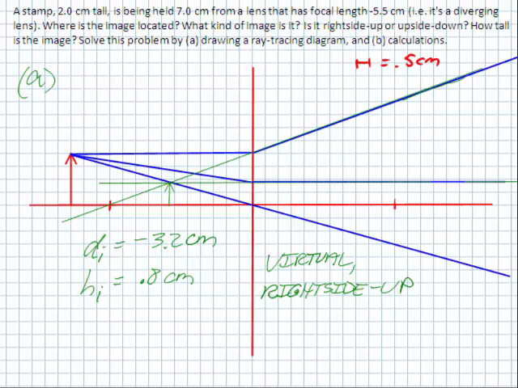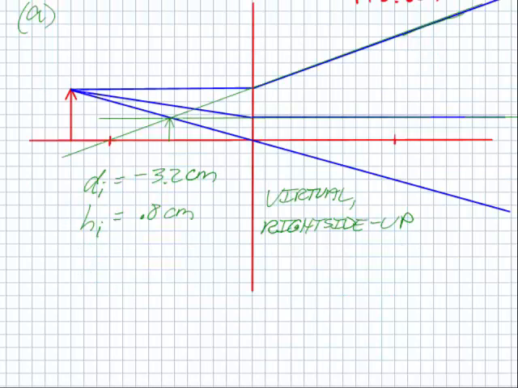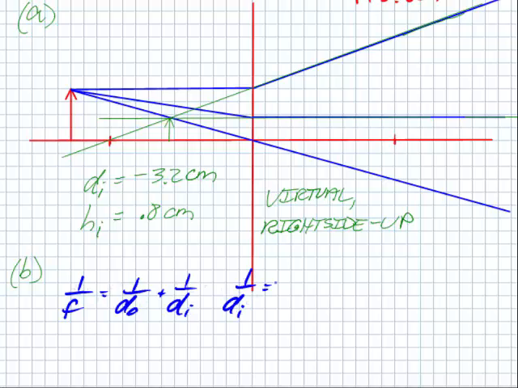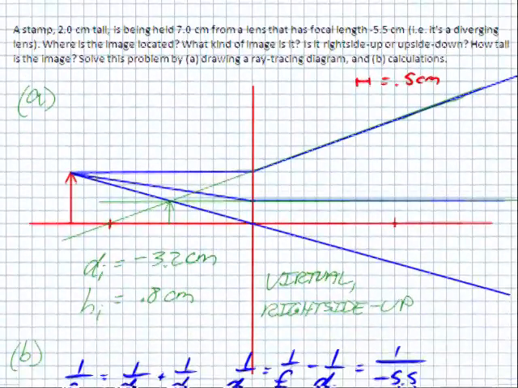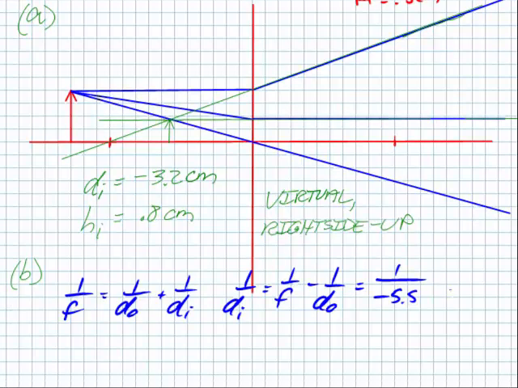Now let's go ahead and calculate the results using the thin lens equation. So we have 1 over f is equal to 1 over do plus 1 over di. So 1 over di is equal to 1 over f minus 1 over do. So we have 1 over negative 5.5. Our focal length is negative 5.5 centimeters.